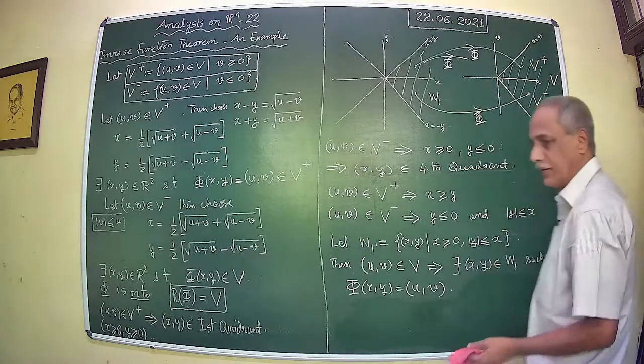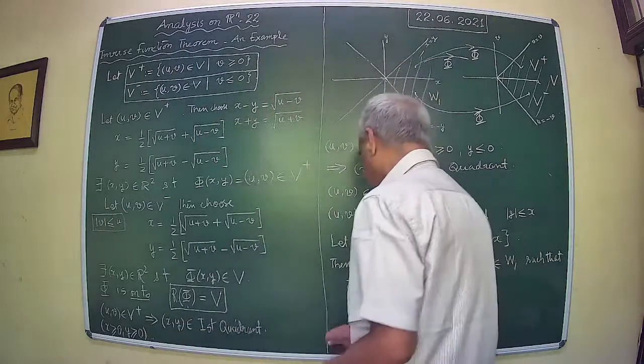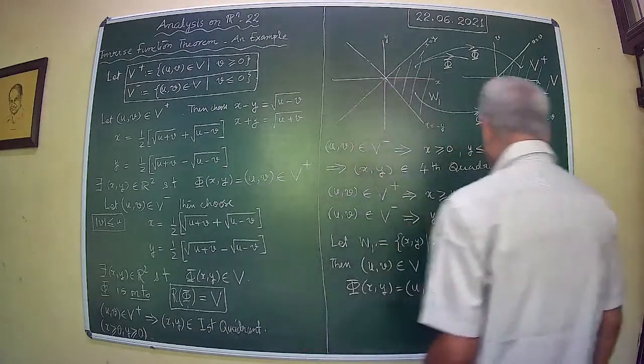First, observe that phi is not a one-to-one map.